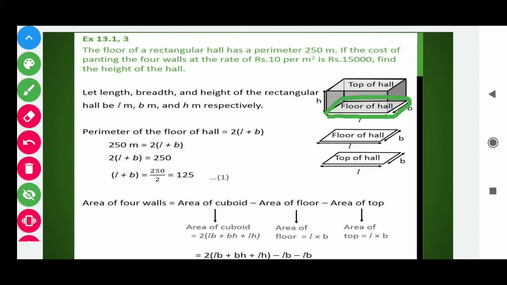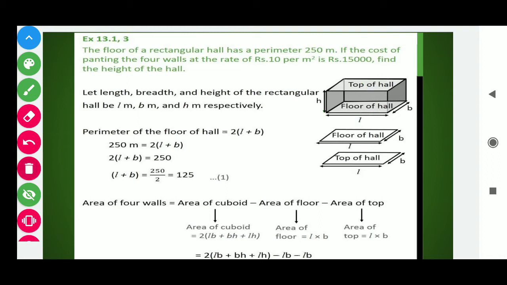Area of four walls is equal to area of cuboid minus area of floor minus area of top. That means we have to take the lateral surface area by taking the boundary, that is the walls only. No need to take the floor and the roof.